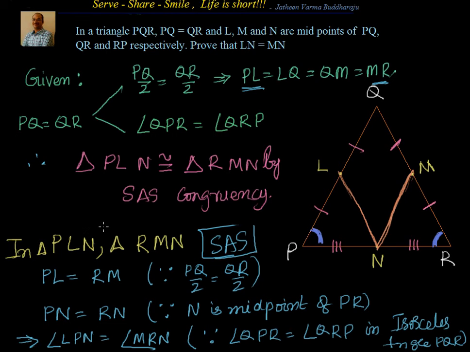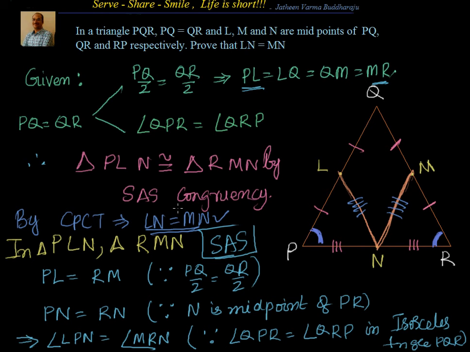We have these triangles congruent to each other by SAS congruency. Now by CPCT, corresponding parts of congruent triangles, we will have LN is equal to MN. That's what we have to prove.